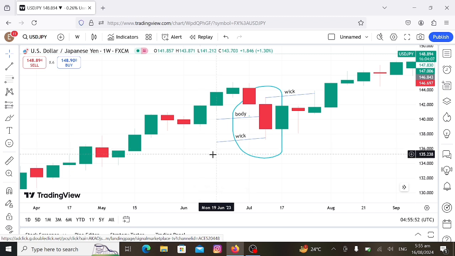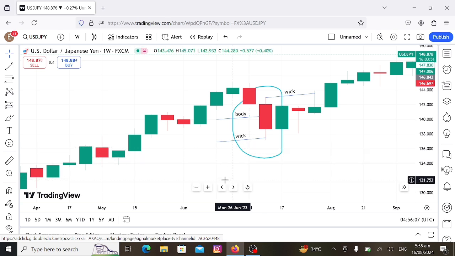Some provide insight into the balance between buying and selling pressure, while others identify continuation patterns or market indecision. Before you start trading, it's important to familiarize yourself with the basics of candlestick patterns and how they can inform your trading decisions.